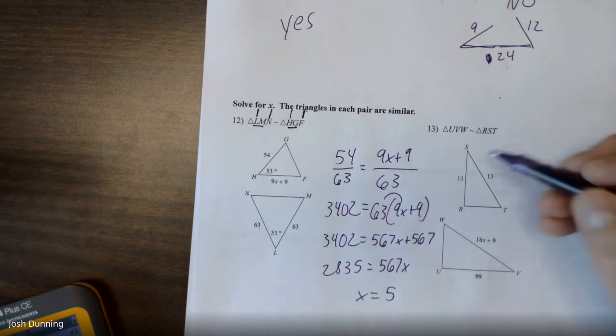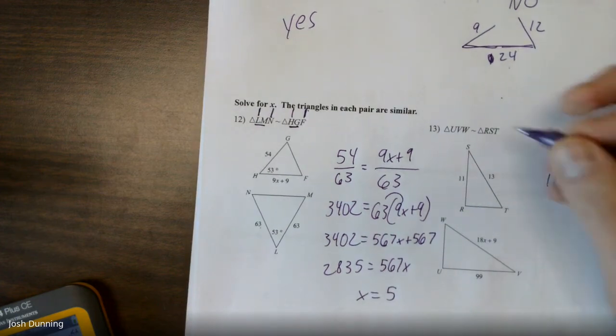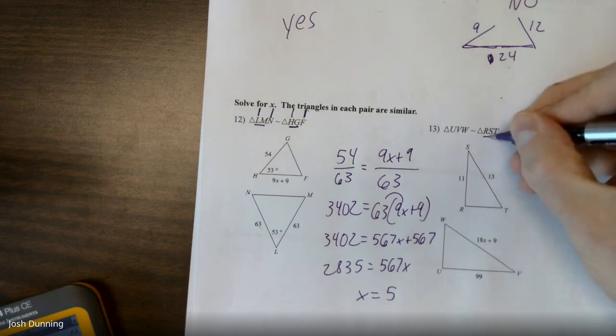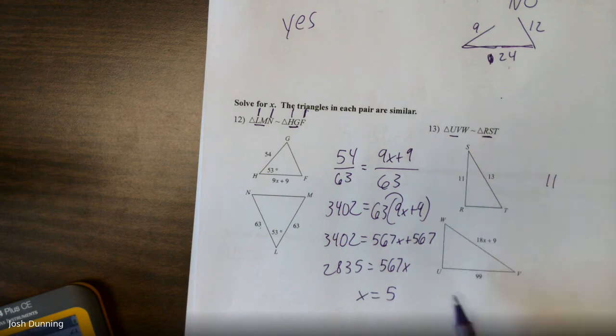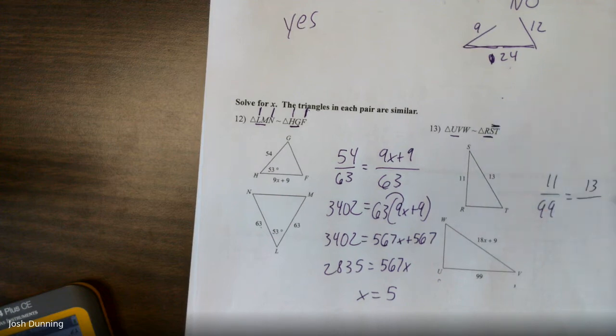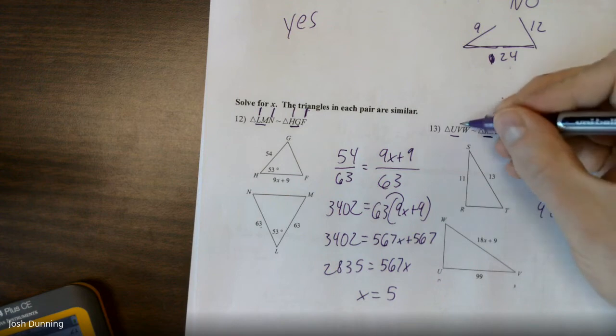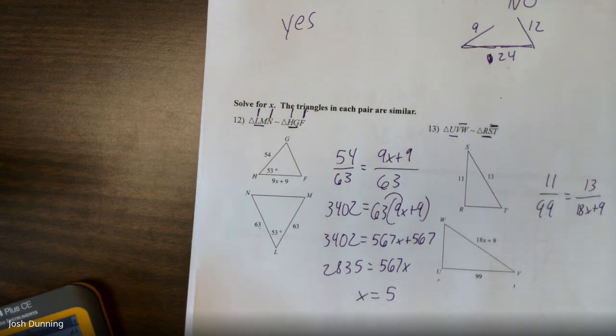Now on 13, pick one of these. I don't know, pick the 11. 11 is S and R, which are the first 2. So that corresponds to UV down here. And then we got ST, which is the second 2. I mean, we only have one choice, but VW is indeed correct. Cross multiply.